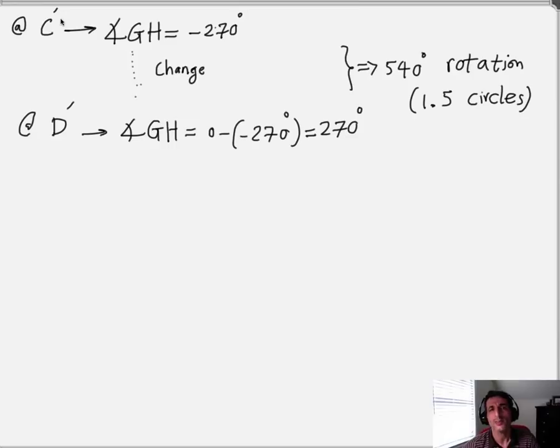So at C, the phase angle of GH is just going to be 0 minus the sum, which would be negative 270 degrees, and that's something I showed you a few slides ago.